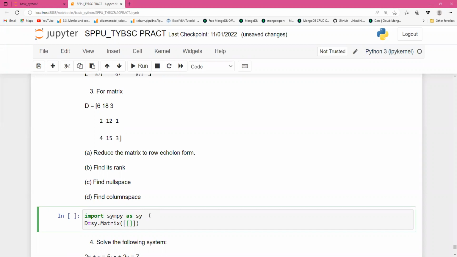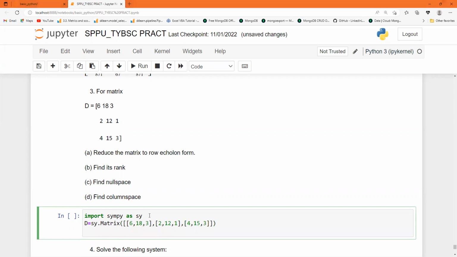Then the second row, 2, 12, and 1. And the third row, 4, 15, 3. So this is my matrix D.